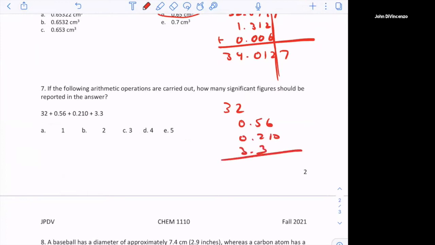You add that all up, you've got to truncate it here. So therefore you'll have 35 point, but whatever. You don't even need to do the math. It's 2 sig figs, right? Everybody see that? Questions?